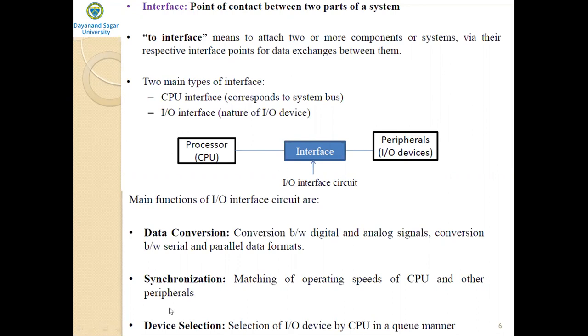Next, another function of the input-output interface circuit is device selection. Device selection refers to selection of an I/O device by the CPU in a queue manner, because we have various peripheral devices, isn't it? Various input devices and various output devices. And this interface circuit needs to select the respective I/O devices for communication.